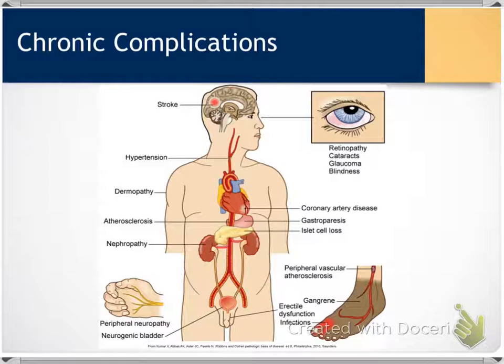So someone with diabetes, and the more it's uncontrolled, the higher your risk factors. Increased risk for stroke, hypertension, lots of different skin problems, atherosclerosis and coronary artery disease because you have an increased rate of atherosclerosis, neuropathy, so anything with nerves, so you're going to have problems with neuropathic pain.